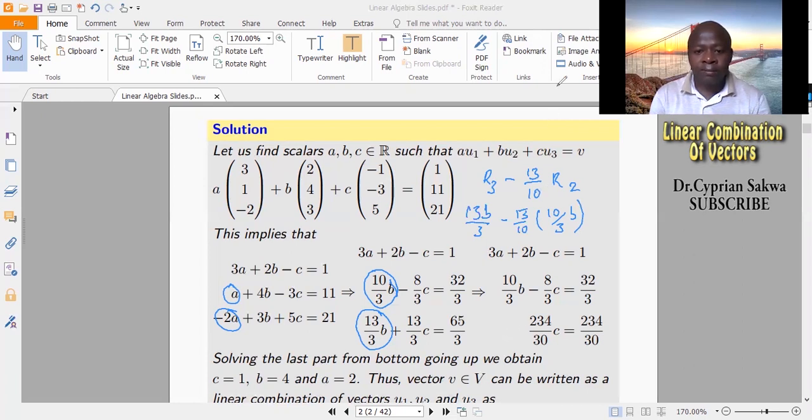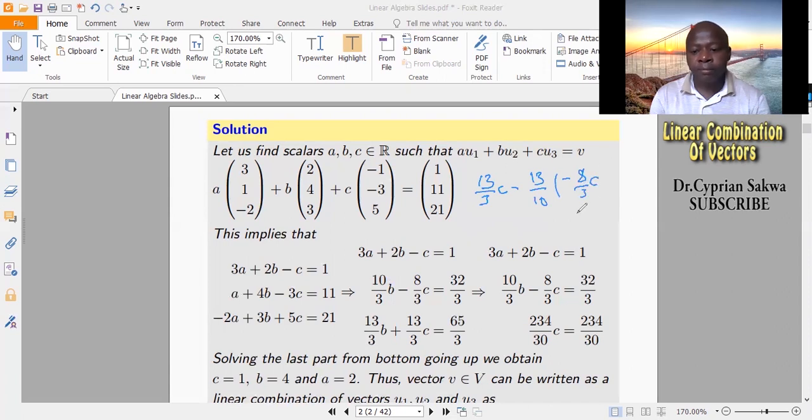Then the next thing, I want to work out this. So I have 13 over 3c, and then minus 13 over 10 of negative 8 over 3c. Okay, so what does this give me? Let me not even simplify.